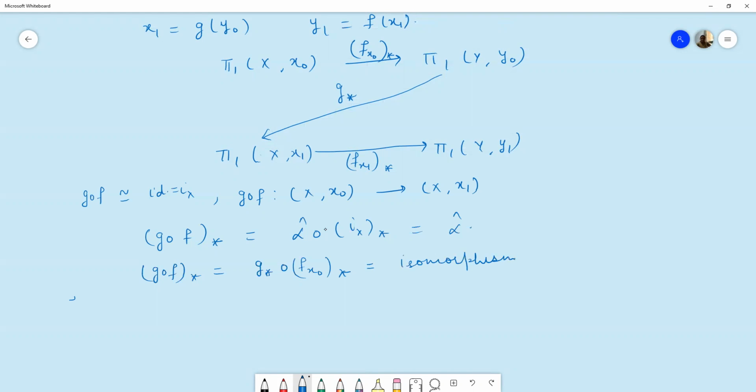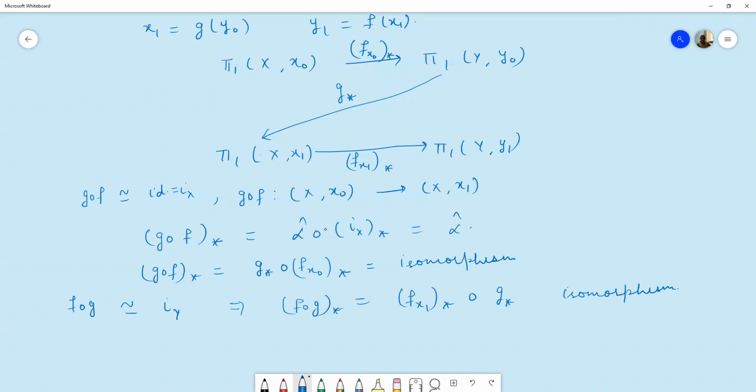And secondly, F circle G is also homotopic to the identity of Y. This means the homomorphism F circle G star, again in a similar manner we can prove, is F_x1 star circle G star. This is also an isomorphism.